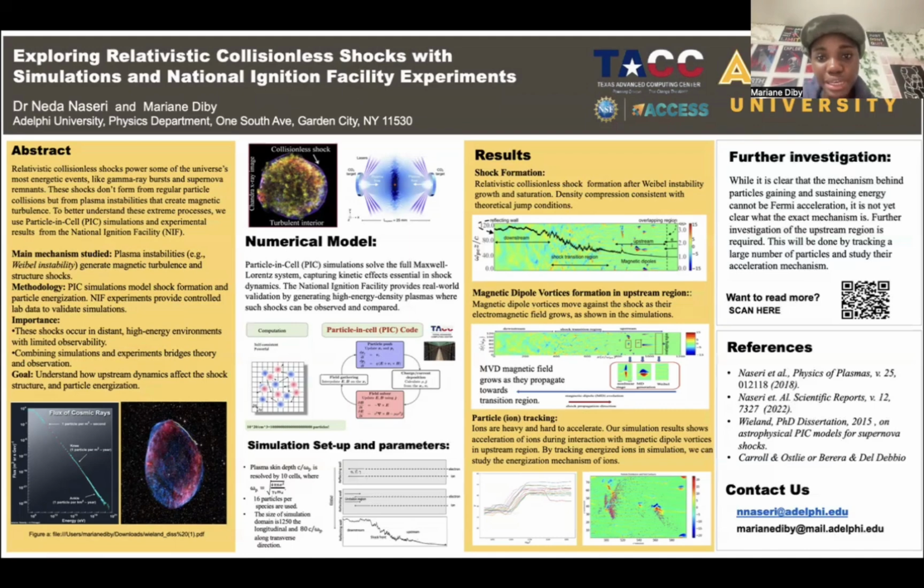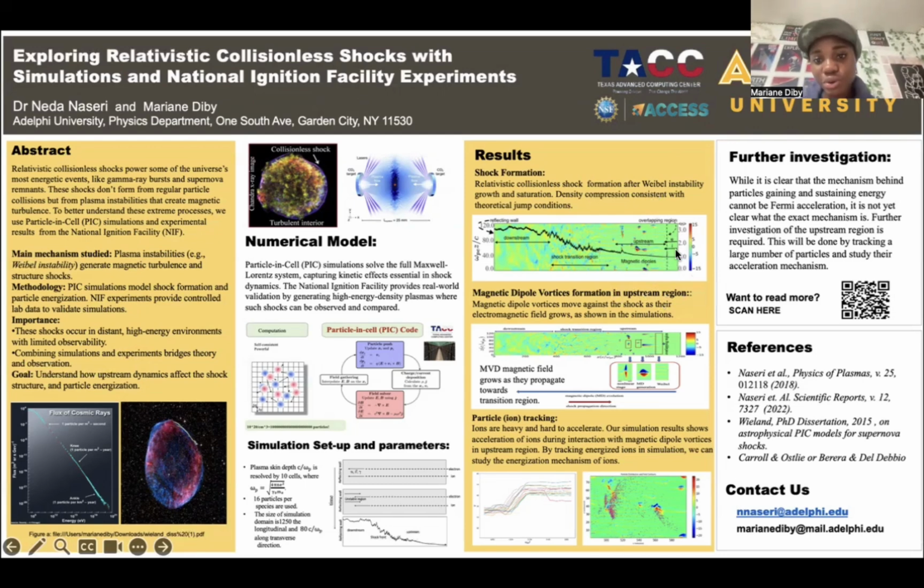So here we can see what we can get as we simulate the shock. We have an upstream region, downstream, and a transition region. And from the image, we can see that the magnetic fields are mostly appearing in the upstream region and also merging and growing there.